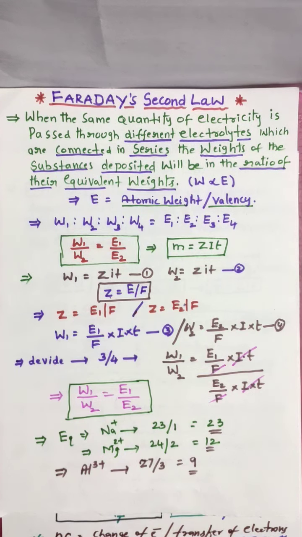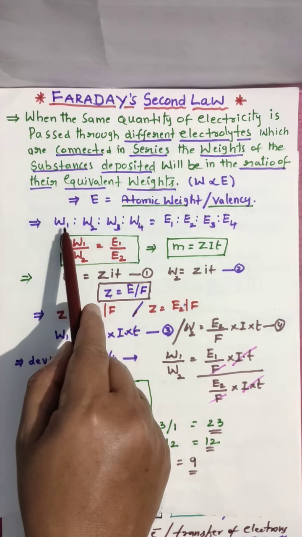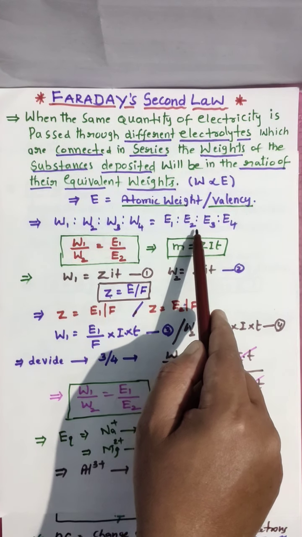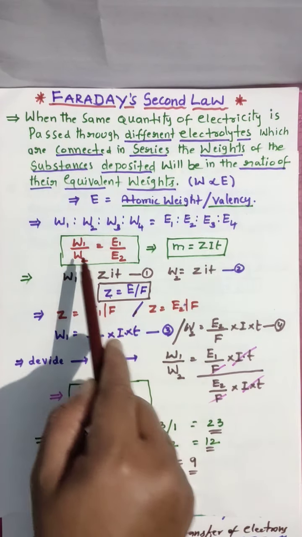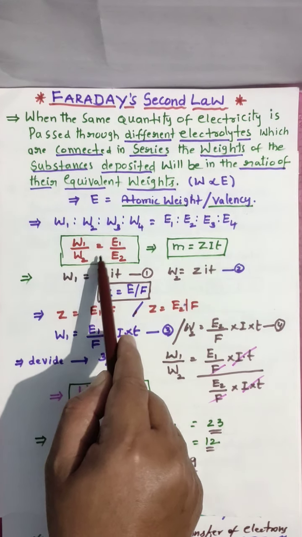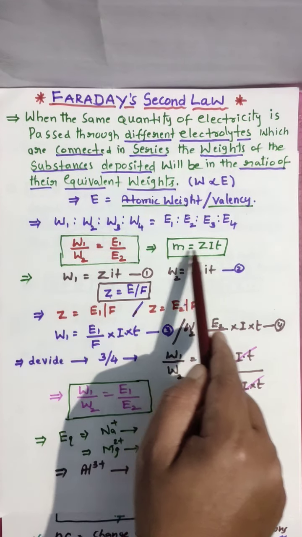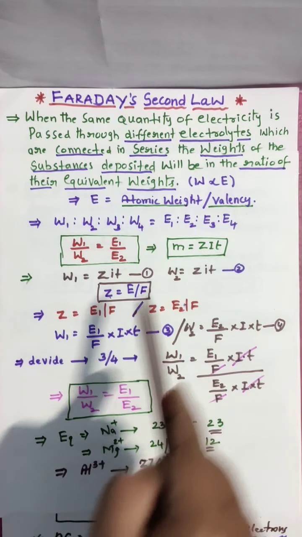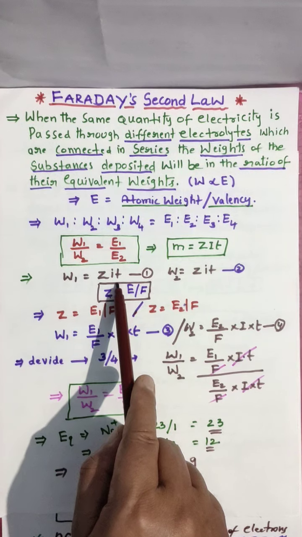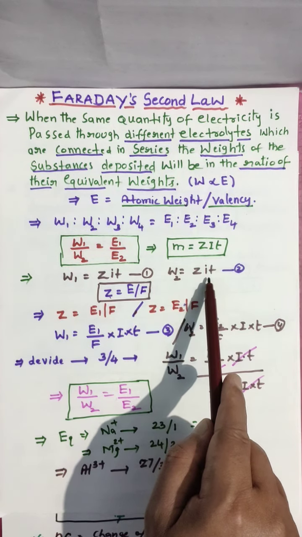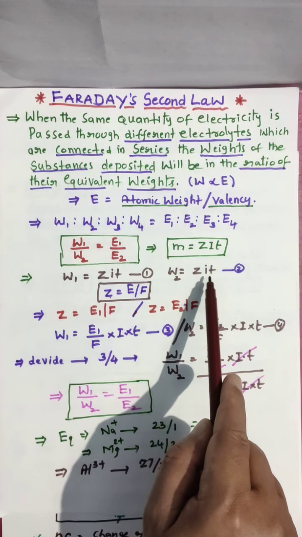And here the formula we learned: W1 is to W2 is to W3 is to W4 equal to E1 is to E2 is to E3 is to E4, or W1 by W2 equal to E1 by E2, and this can be derived from M equal to ZIT or W equal to ZIT. W1 equal to ZIT, W2 also ZIT. Why did we not take I1, T1? Because we are passing the same current in the same time.